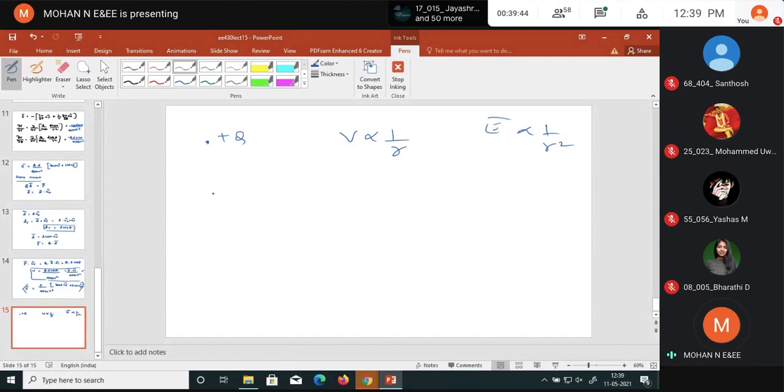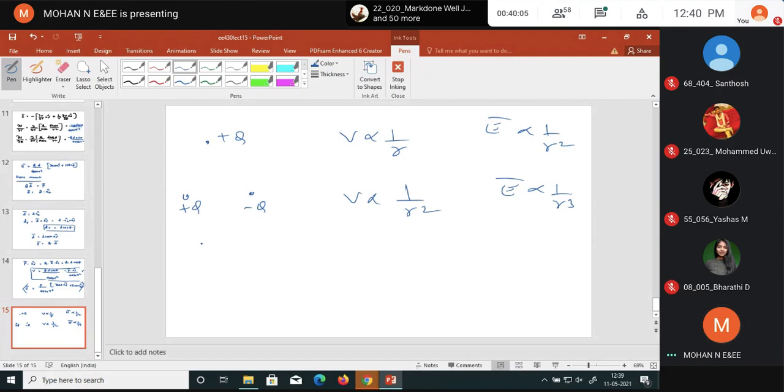And if you have a dipole like this, plus Q and minus Q, V will be proportional to 1/R², and E is proportional to 1/R cube. Similarly it goes on like this.